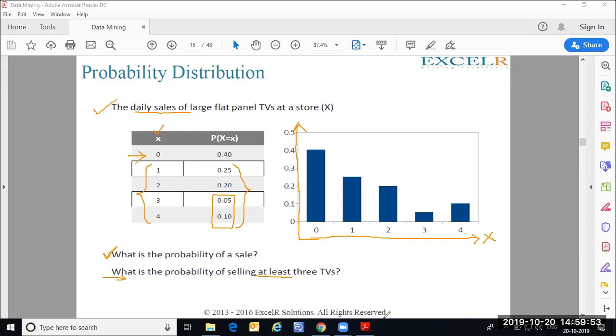Now, can you tell me, is this a discrete probability distribution or continuous probability distribution? How many of you think it is continuous probability distribution?